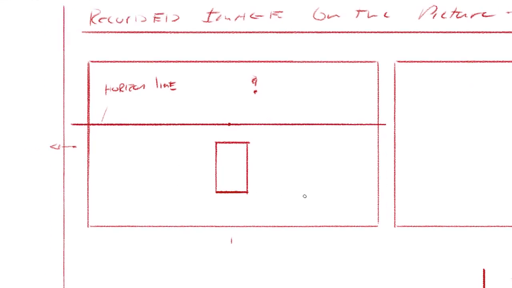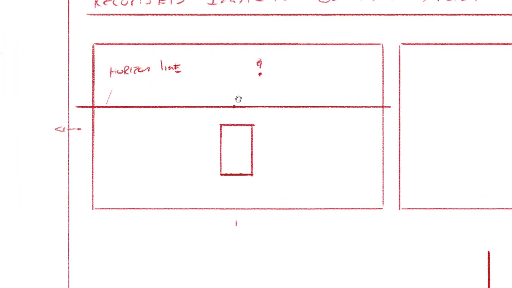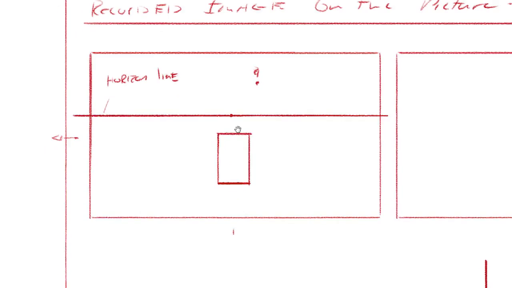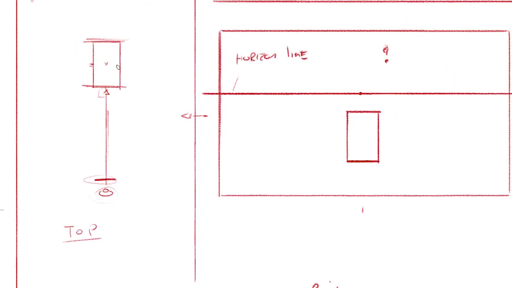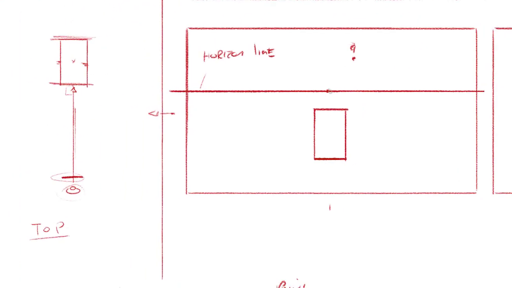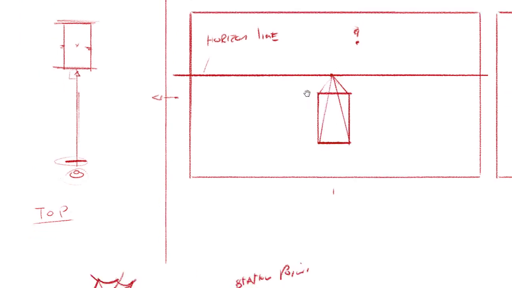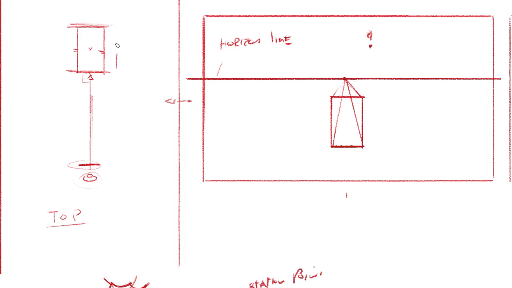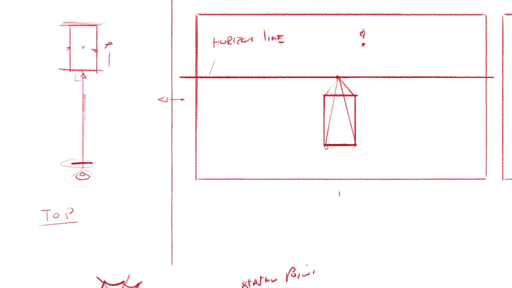Based on all that we just did, I'm going to take these lines and extend them to the vanishing point to create my box. For the depth, I'm just going to make an estimate, and because these lines are parallel, I need to stay within that confinement of the converging lines.